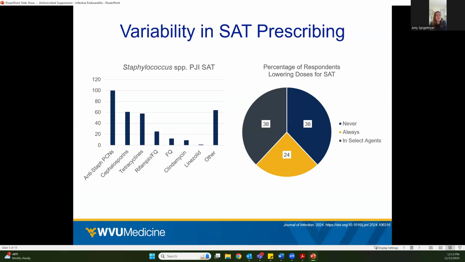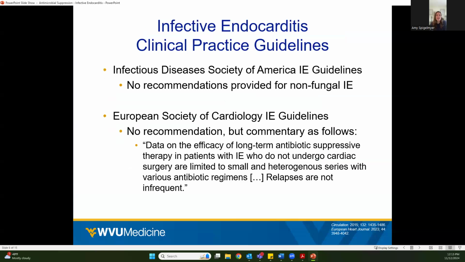And so on the next slide here, you can see that the Infectious Diseases Society of America makes no commentary on suppressive antimicrobial therapy for bacterial endocarditis. They do comment on it in fungal endocarditis.